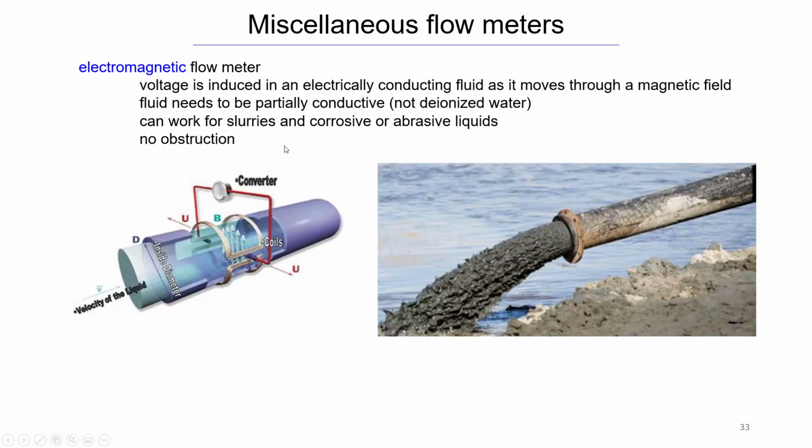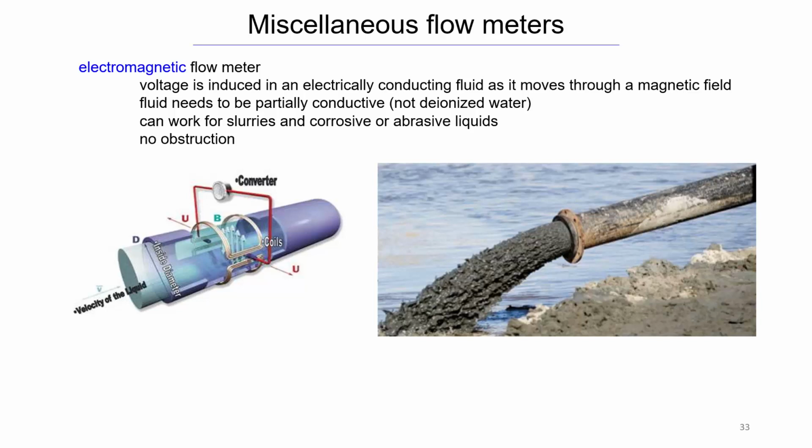And a big advantage of this too is that there's no in-stream anything. There's no obstruction. There's no loading error from this. That voltage is just induced into the electrically conducting fluid, and it's measured on the other side.